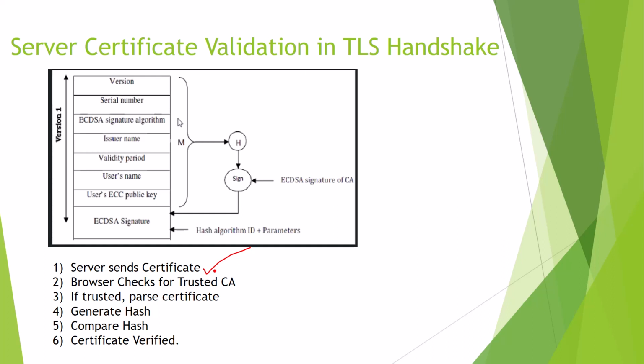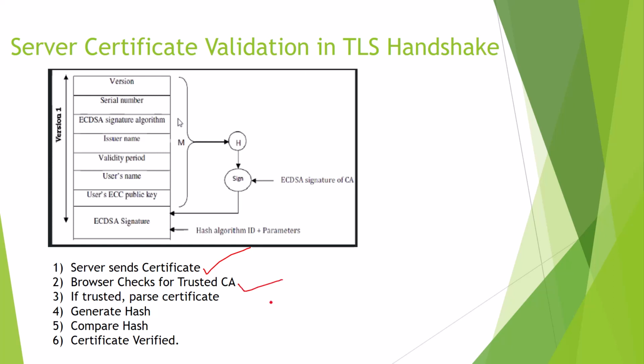This browser would have the public keys for every known trusted CA. That means GoDaddy, VeriSign, GlobalSign, multiple different trusted CAs. All their public keys are already there in the browser's trusted certificate authorities store.